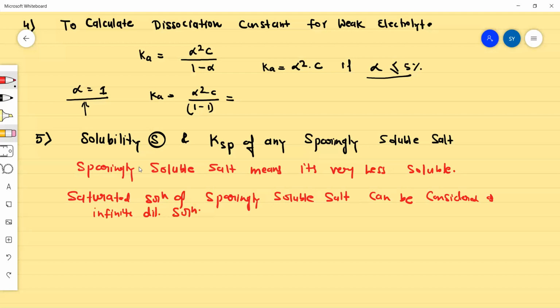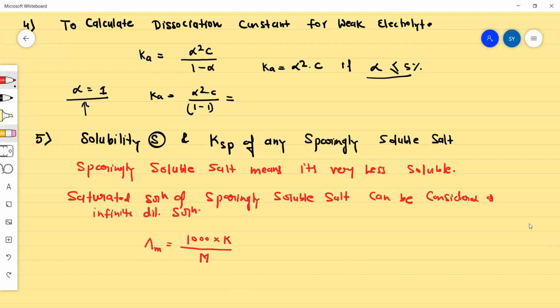So the molar conductivity, that is lambda m, the formula is 1000 into K, the specific conductance, upon molarity. And molarity is considered as solubility also, as I told you, because whatever concentration of solute is dissolved is your solubility.